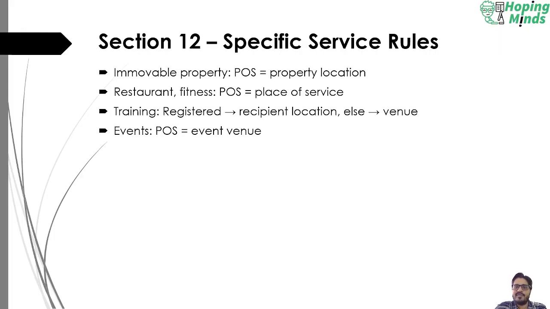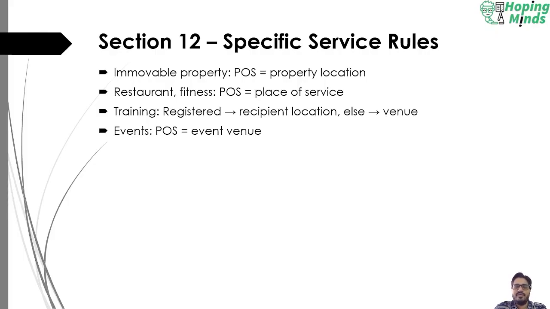So there are specific services as per Section 12 which govern the place of supply in case of services. In case of immovable property related services, the place of supply is the location of the property, that is where the immovable property is situated.